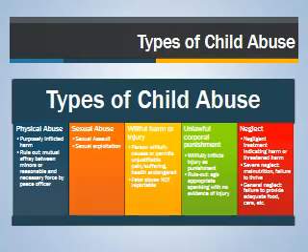There are a number of kinds of abuse to be aware of. First, of course, is physical abuse, which is clearly purposely inflicted harm, ruling out mutual fighting among minors. Sexual abuse could be either assault or exploitation.